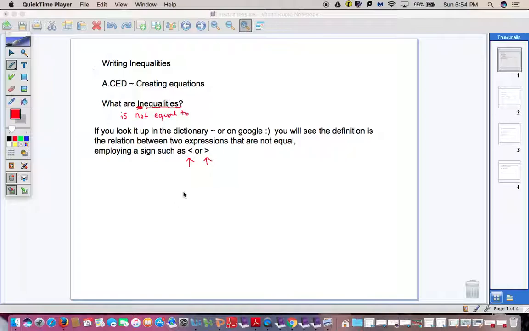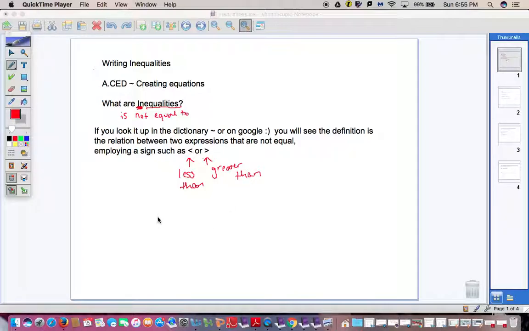So we read in English from left to right, and so in math we also read from left to right. So it's important that we realize what these symbols mean and how we actually read them. Okay, so this symbol here is less than, and the symbol here is greater than.